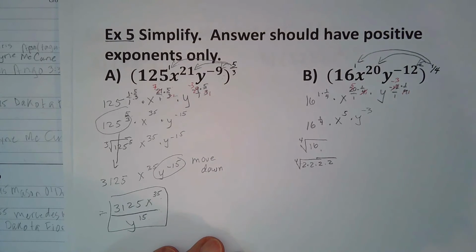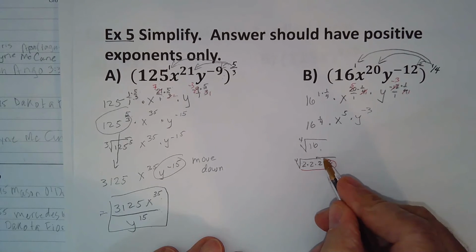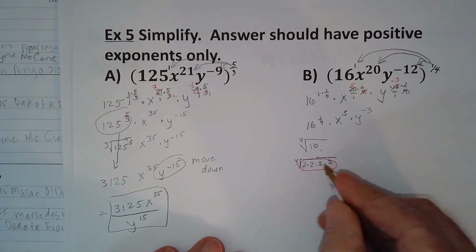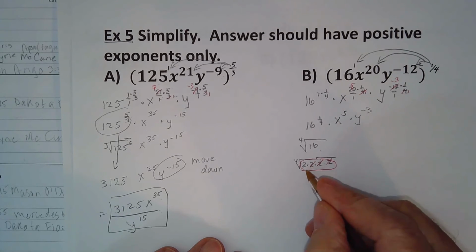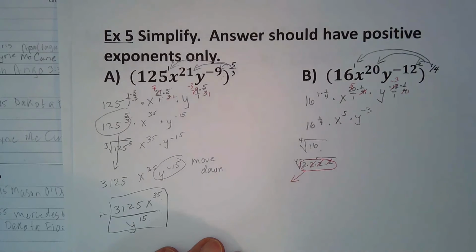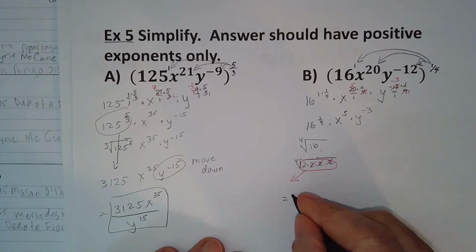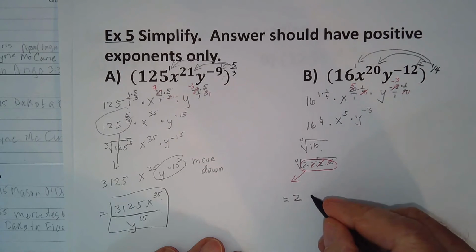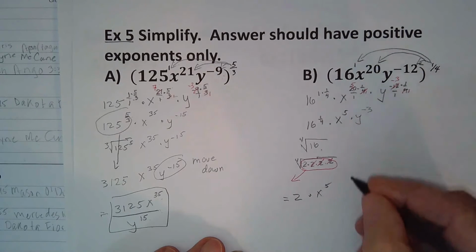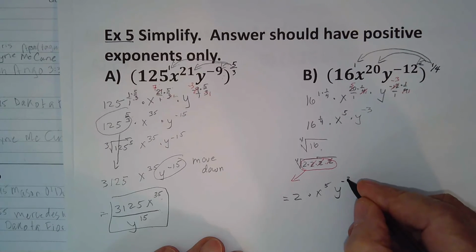So since we're taking the fourth root, we've got 4 of these that can all go out, but 3 of them get shot going out, and you're left with one 2 out there. So I got a 2, and then let's bring down the x to the 5th and the y to the negative 3.